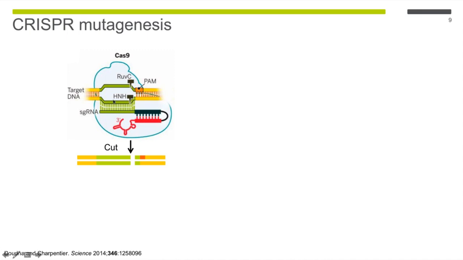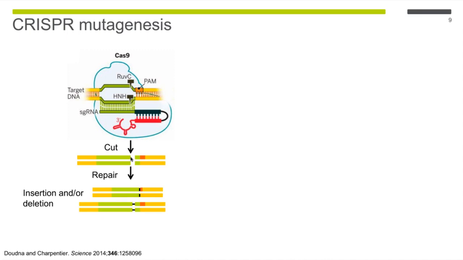When you have Cas9 complexed with this short guide RNA, this will program Cas9 to find the complementary sequence to this guide RNA in the target DNA, and Cas9 then introduces a double-strand break using its 2 nuclease domains at this target site.